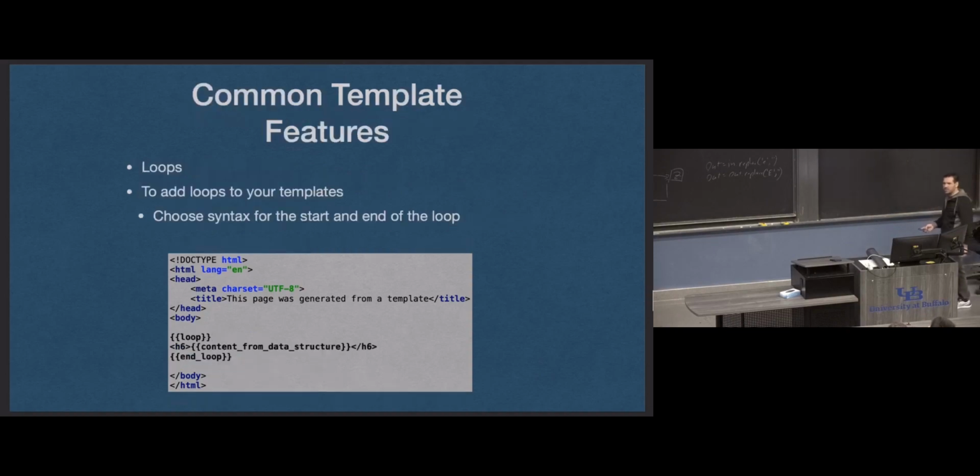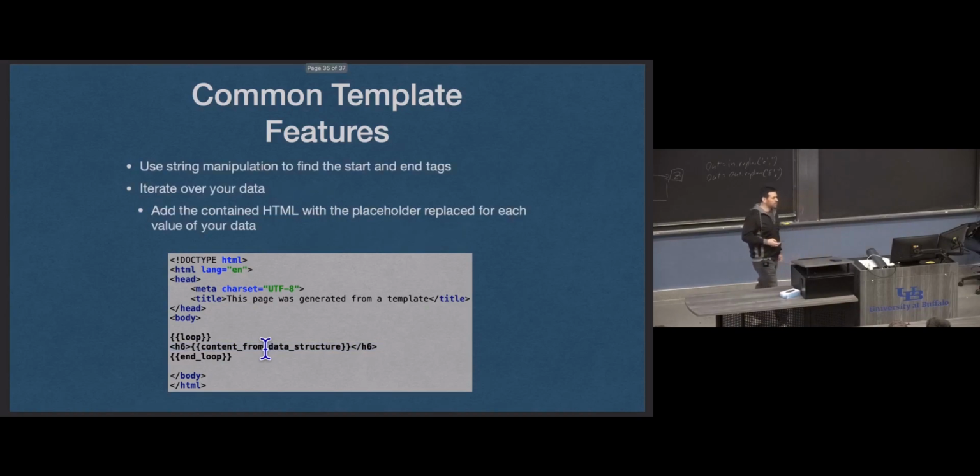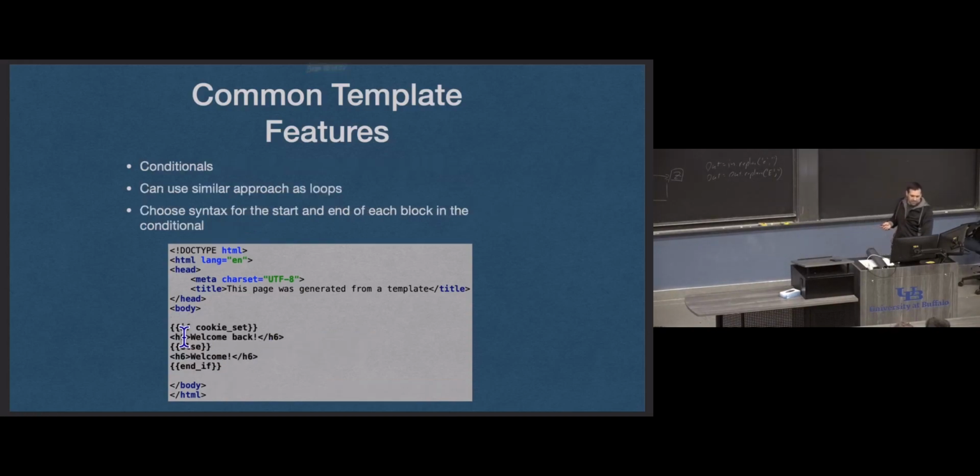When you start using template engines out there in the real world, they'll support features like loops, having this content looping over a data structure and adding this content to your page for each element of that data structure, and also conditionals with if and else. Oops, I'm still on loops. With if and else. So if this expression, just like an if else, but in an HTML template.